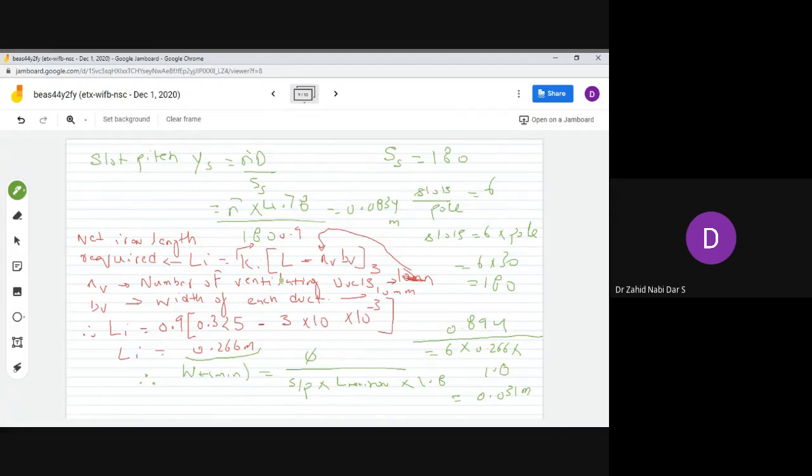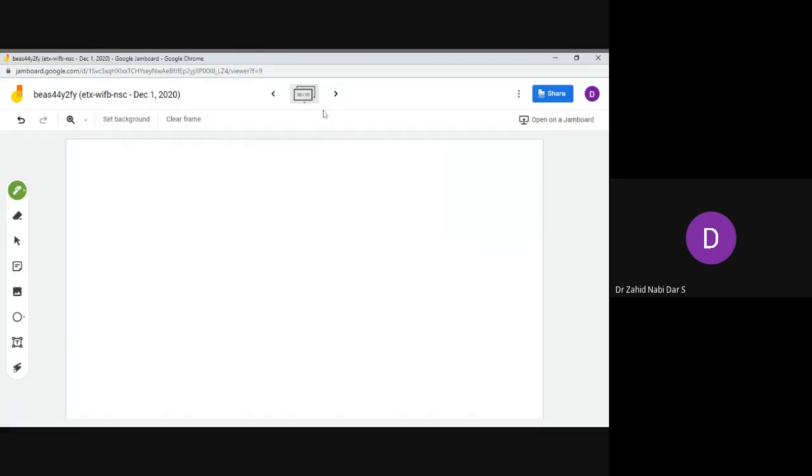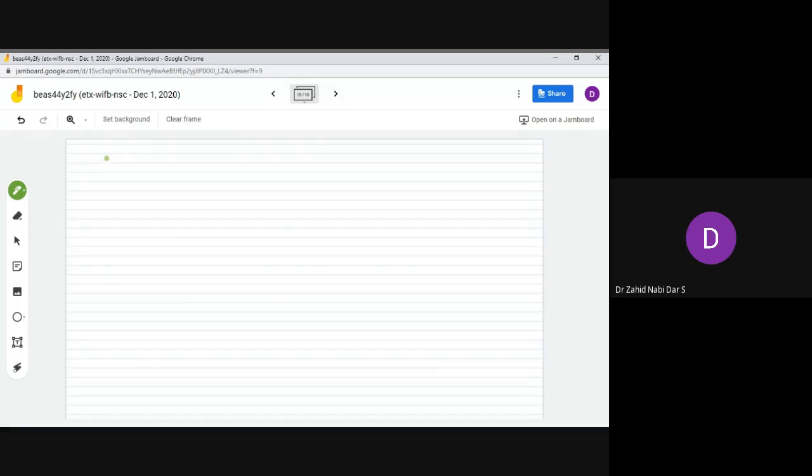For example, if you have to calculate the width of the slot, the slot would be inside basically the slot pitch, and the width of the slot.